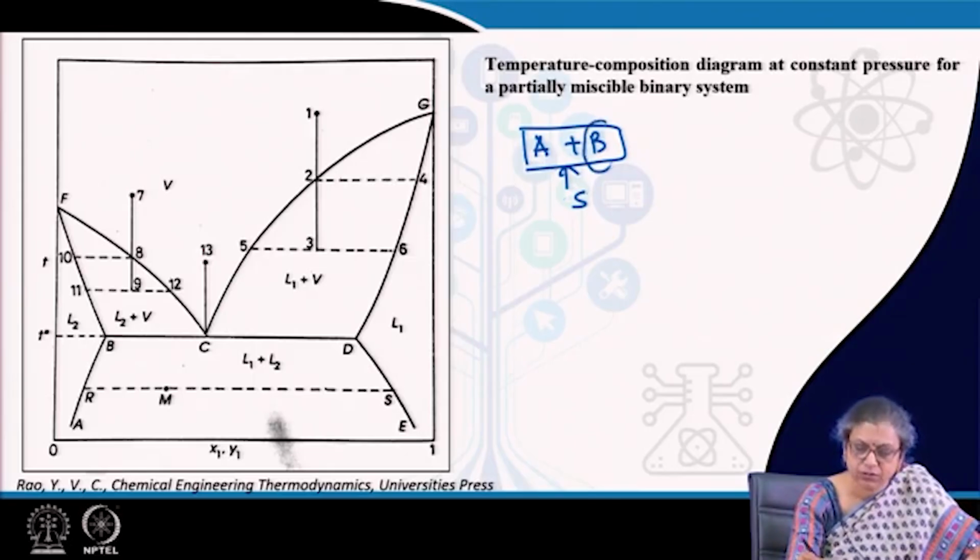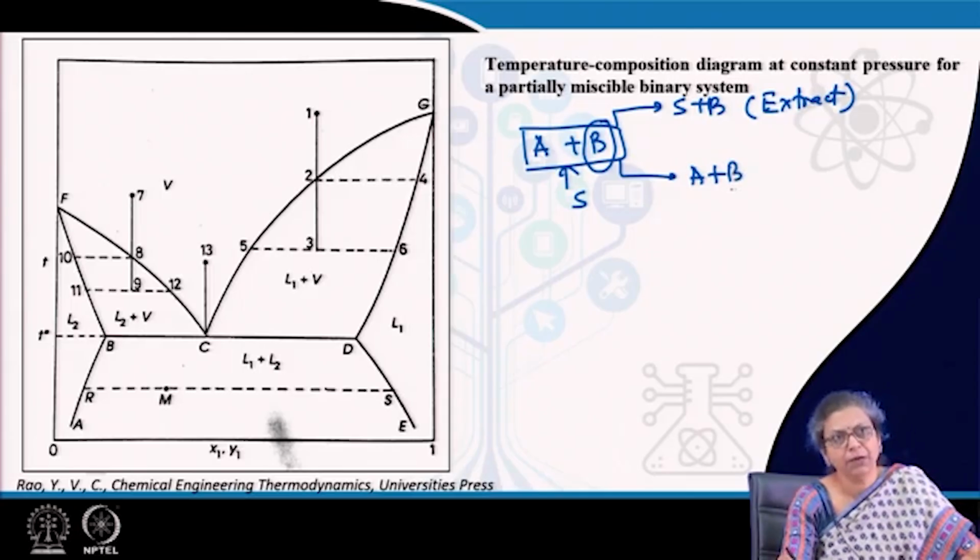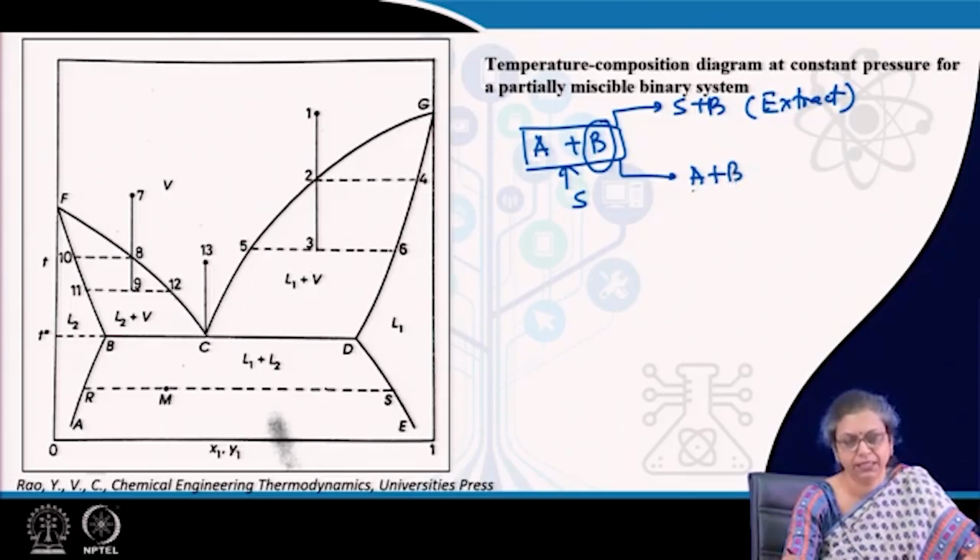Maybe we would like to remove B from A. So, from here, what do we expect to get? We would expect to get S plus B, which is known as the extract phase, which has been extracted, and there also will be some amount of B remaining in A, and this is known as the raffinate.